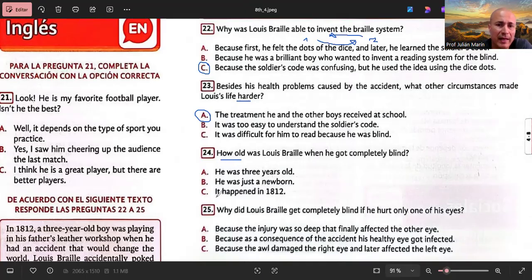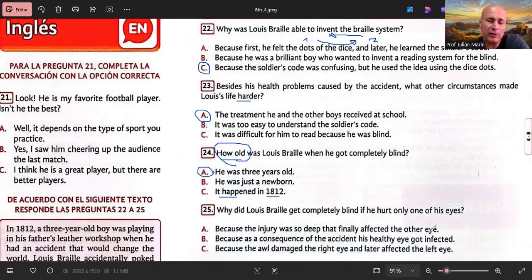And then they say it happened in 1812. Yes, the accident happened in 1812, but the question is not when did it happen. The question was how old was he? So that is why this is also a tricky option. The correct option here will be A because this is answering the question.